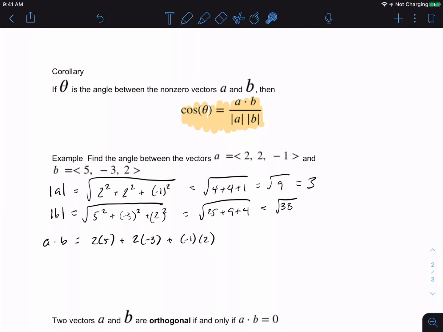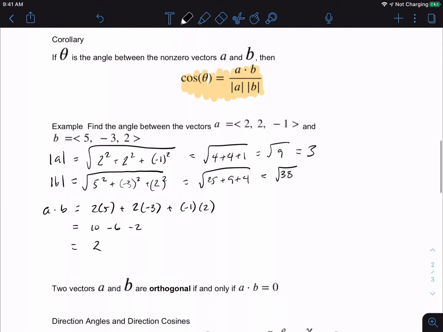How I got those numbers, just in case some of you don't see it, I'm taking the first terms of each vector, plus the second term of each vector, the products, plus the third term of each vector multiplied. And so what that's going to give me is 10 minus 6 minus 2, which will give me 2.